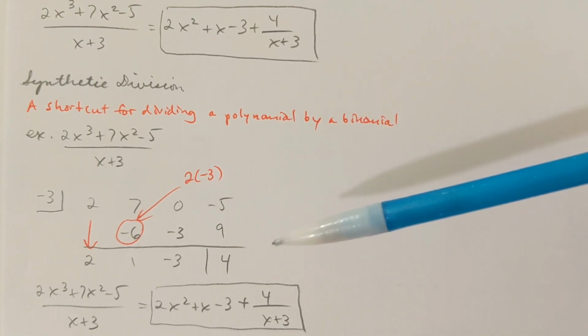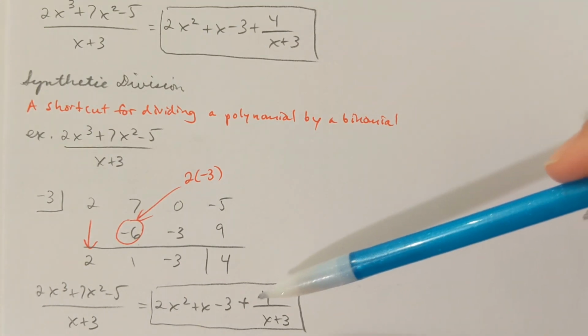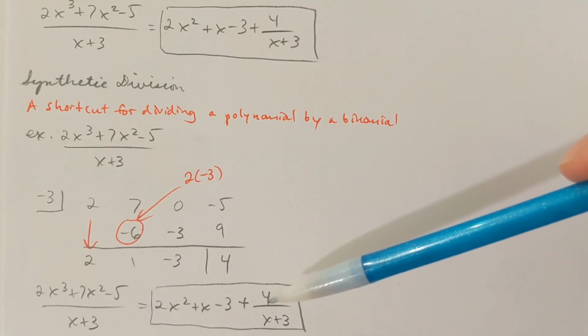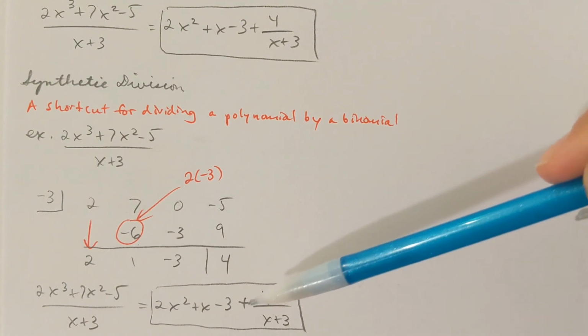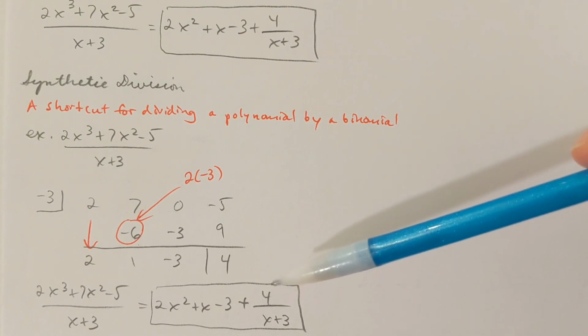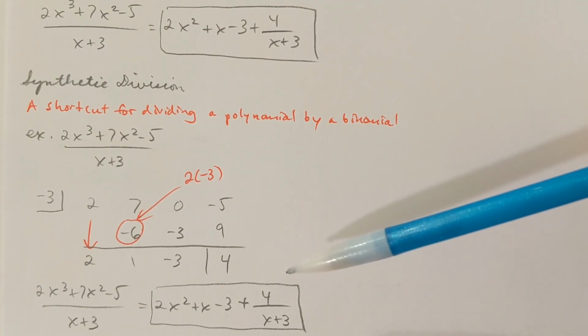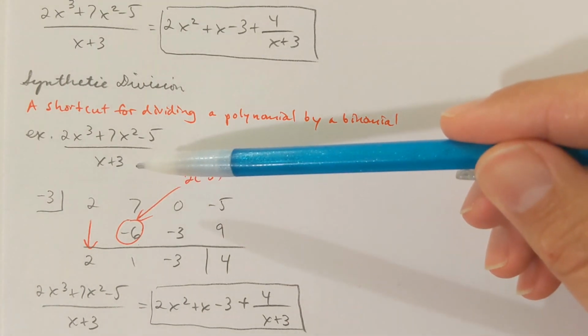You can have that or not; it doesn't matter. Make sure that you have a plus sign though. I sometimes see students don't write a plus sign there, and then it looks like multiplication, and then it counts the answer wrong. So plus 4 divided by x plus 3.